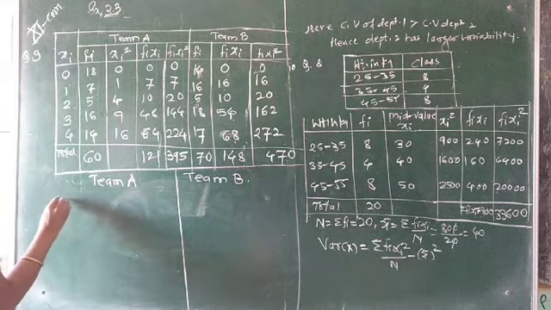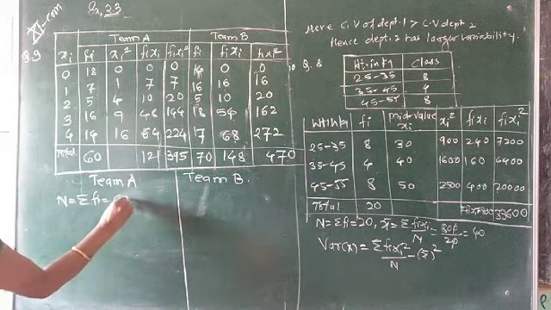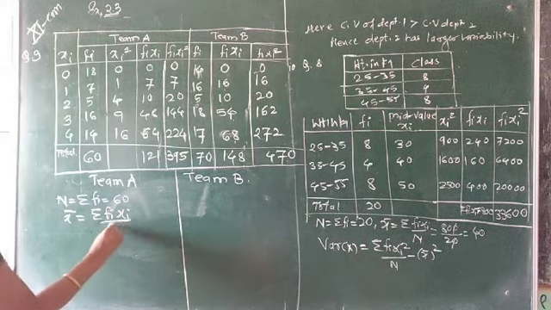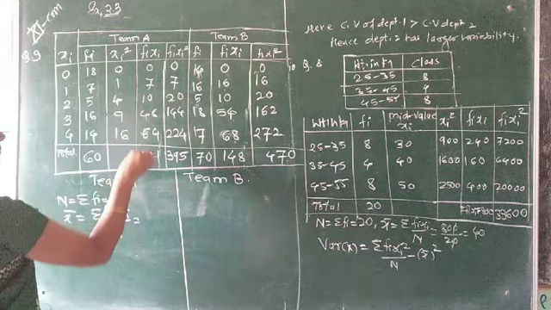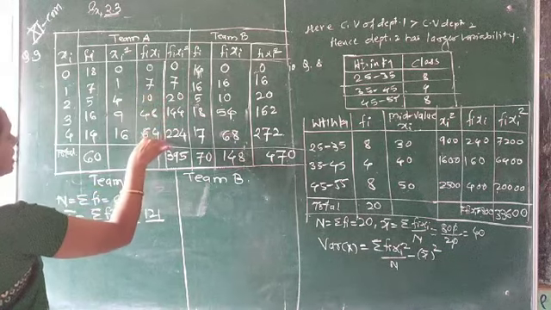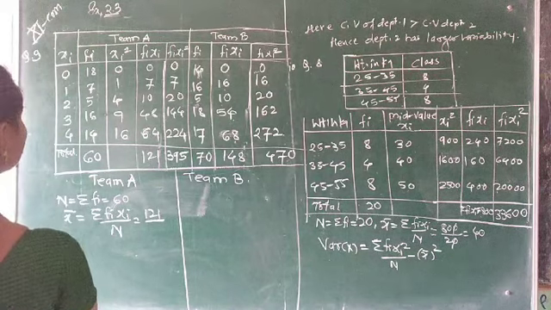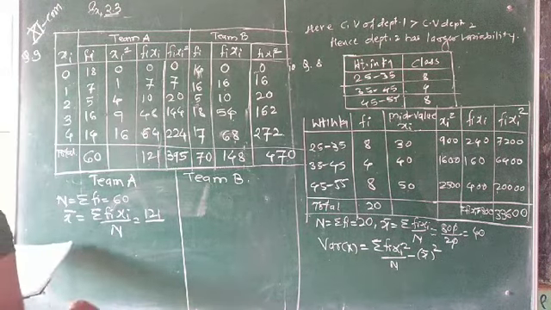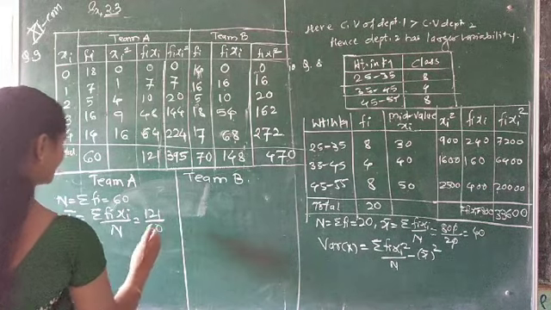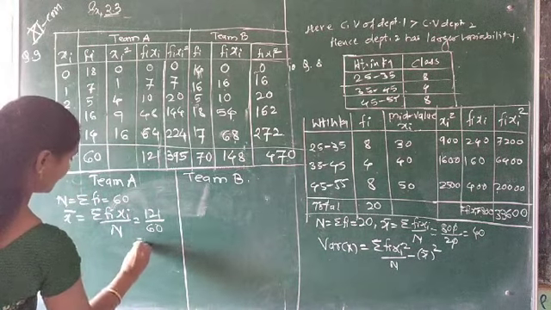First, n is equal to summation fi, total frequency is 60. Then find its mean: summation fi xi upon n. What is summation fi xi for team A? 121 divided by 60. 60 ones are 60 and 60 twos are 120.